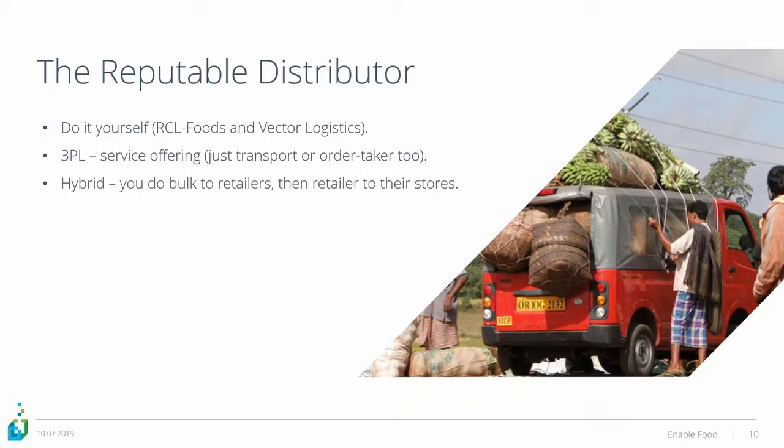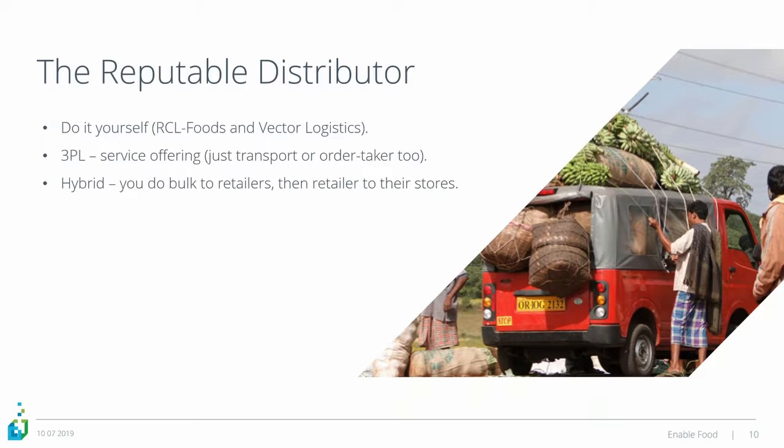Many other customers would use a third-party logistics service provider. A lot of food manufacturers will make their food, look after all the hygiene, do all the right things, package it, do the branding, do the marketing, do the multi-channel marketing, do the white labeling or no-name brands. But they don't want to do the logistics because they think that's not their core competence.